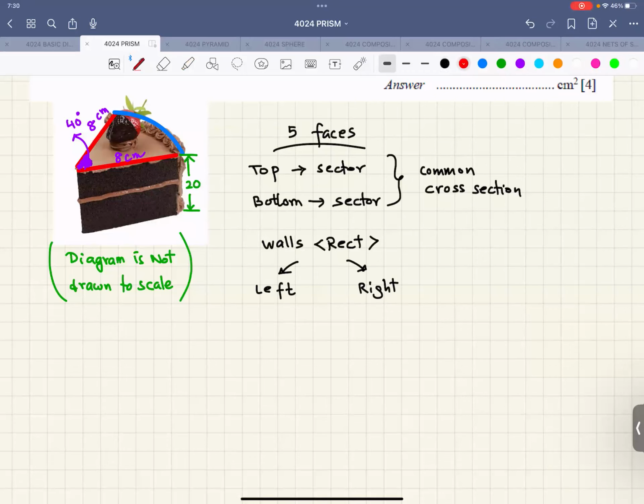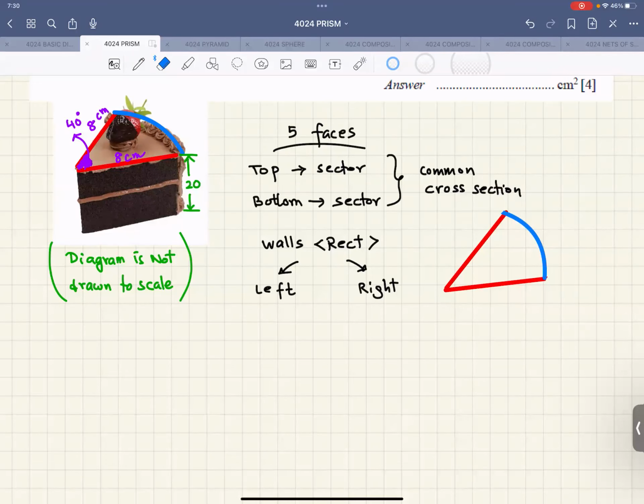A red marker that goes like this, and let me make it straight, like this, and like this, something like a 40-degree thing. And then this blue line, which is the curvature like this. So let me make it better, all the way over here, and let me just remove any extra things over here.